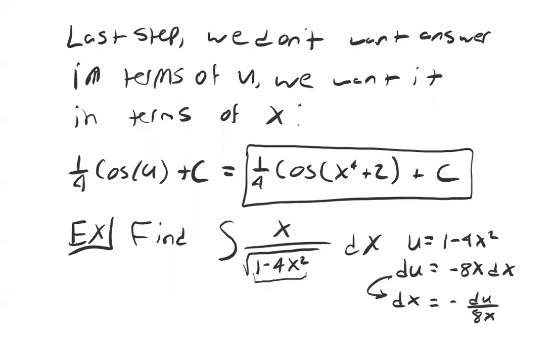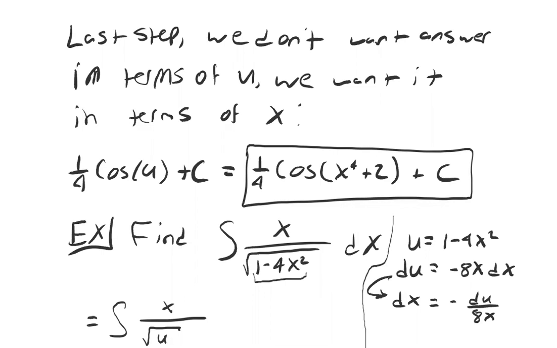So I can use all of this now, and I'm going to get the integral, where I leave the x alone. The square root of 1 minus 4x squared now just becomes the square root of u down here. I'm going to replace this dx in terms of du.